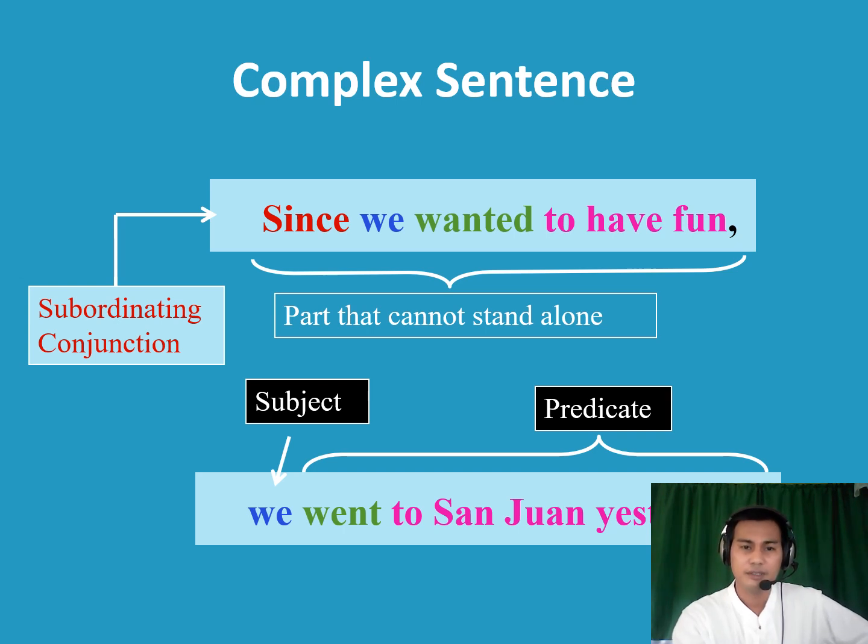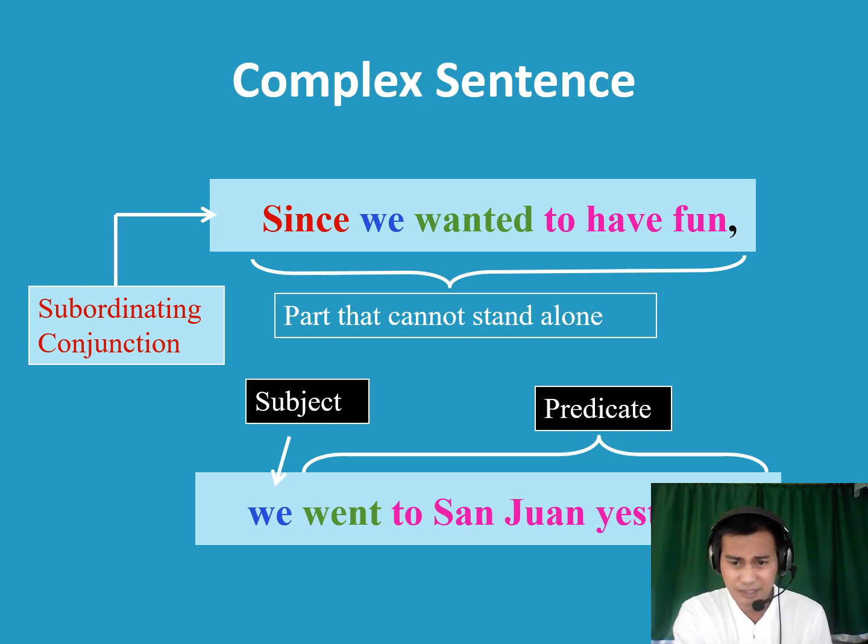Since we wanted to have fun, let's focus on this clause alone. Since we wanted to have fun, let's assume that it has no continuation, no "we went to San Juan yesterday." Focus on just this part.